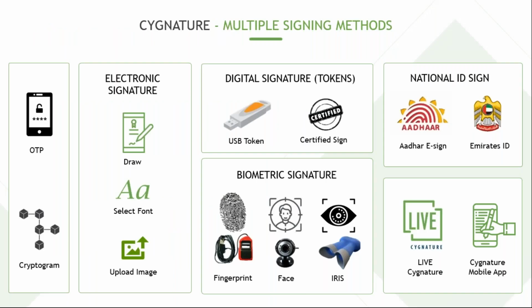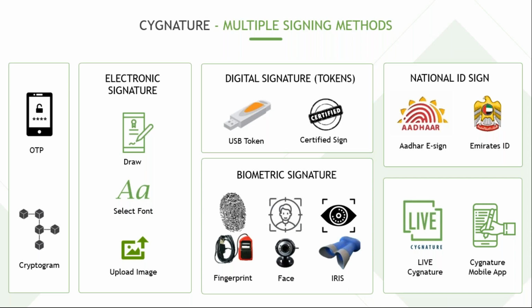In Cygnature, we offer a number of signing methods. We support electronic signatures. Users can either draw a signature using a stylus or their fingers on the mobile, select a font, or upload an image of their signature.